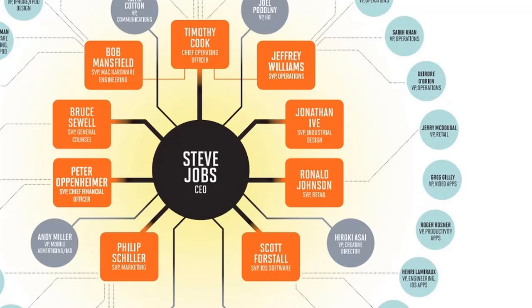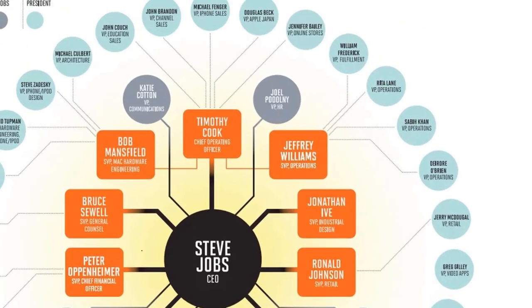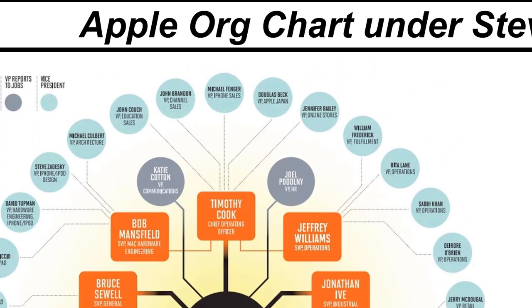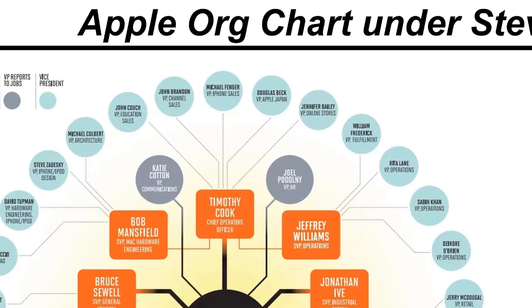And at a lot of Apple's product launch events, you're going to see Phillips, who's the Senior Vice President of Marketing. And let's look at who COO Tim Cook managed at that time. He managed quite a few senior vice presidents.